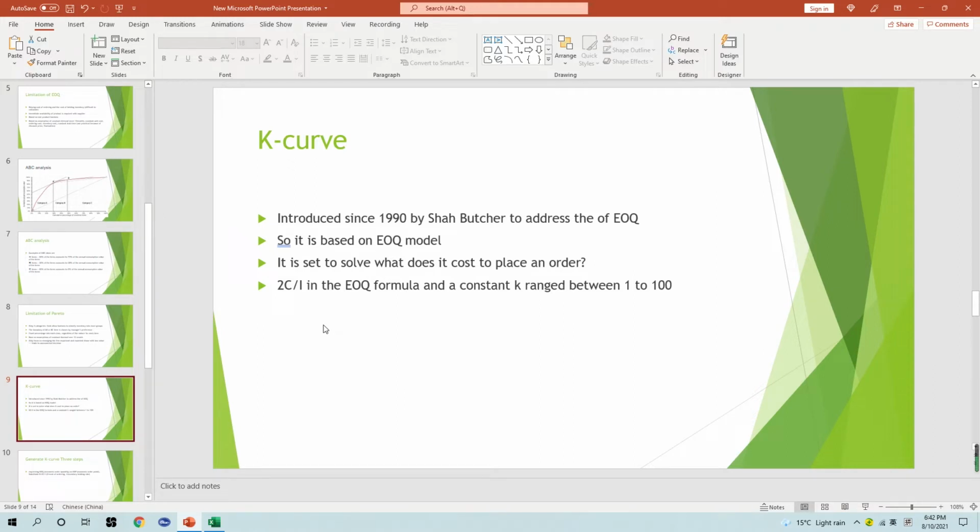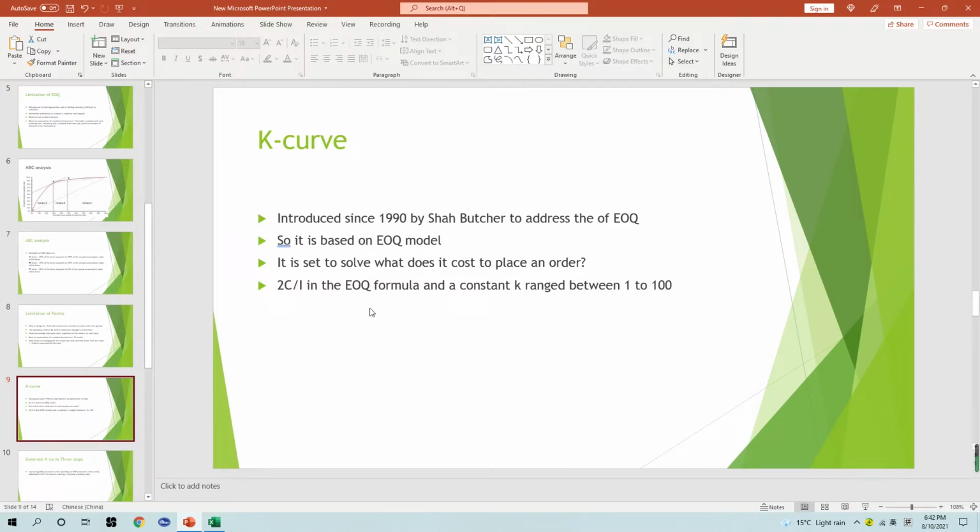The formula, which I'm going to explain more later, is K equals 2C, where C is the cost of ordering, divided by the inventory holding rate.